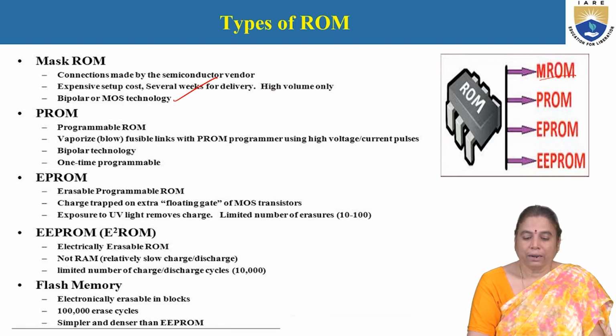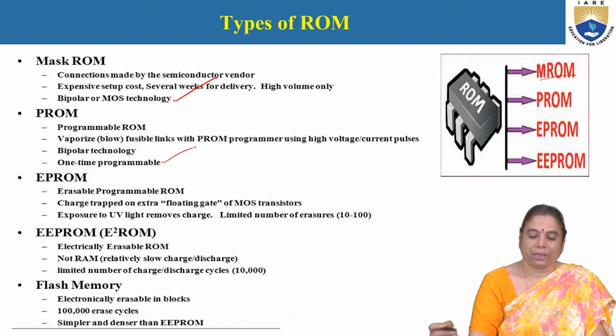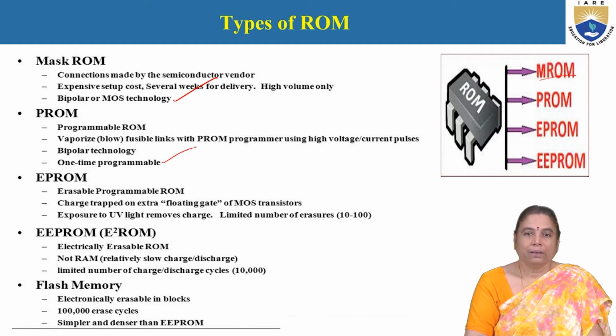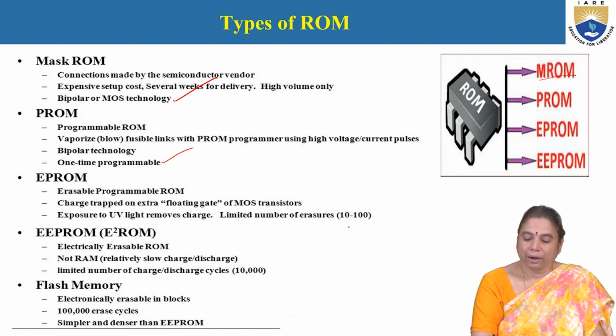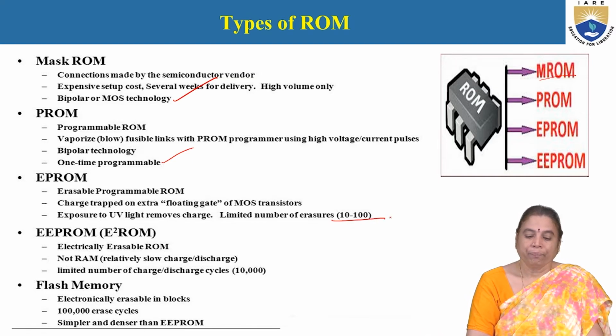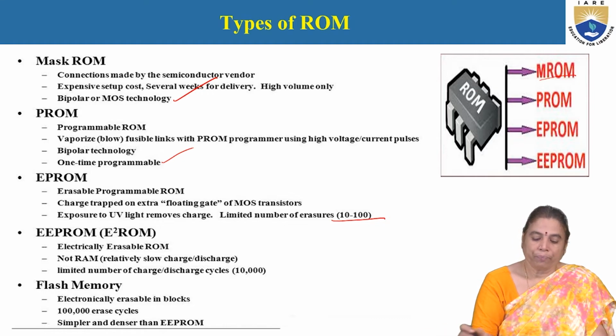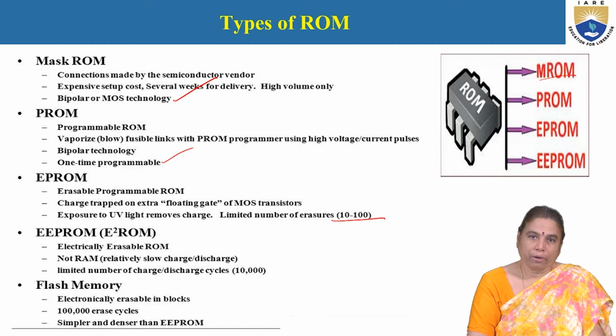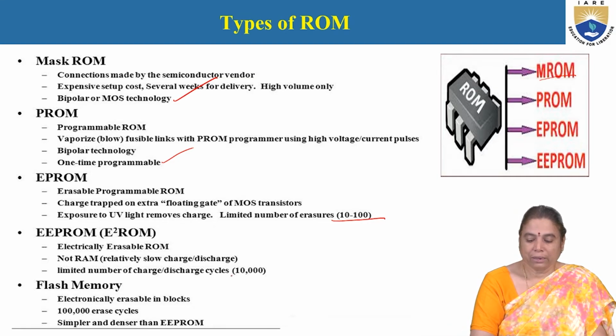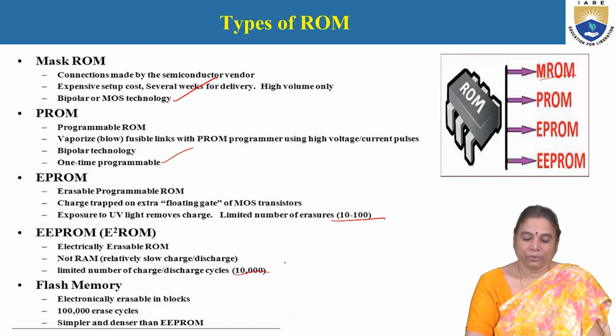Here it can be programmed one time, during manufacturing itself. EPROM means the program can be erased and programmed again, but the number of erasures is limited, 10 to 100. Next, E-squared PROM, electrically erasable ROM. The erasure can be done with the help of electrical signals, and the number of erasures can generally be 10,000.